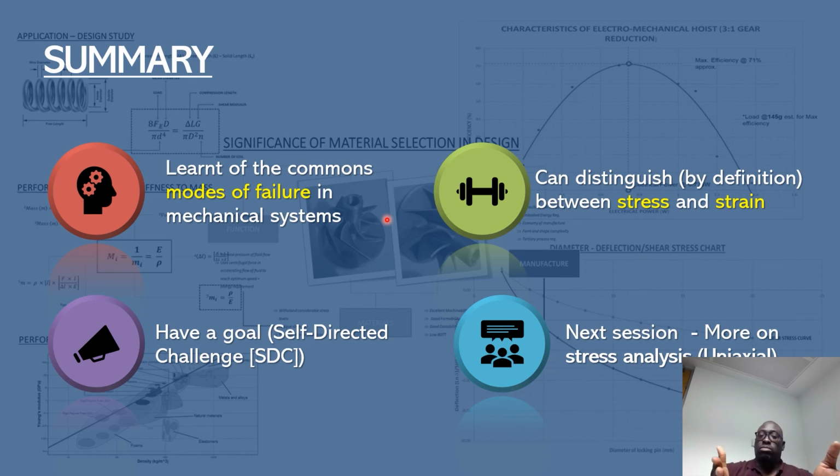Have a go through the self-directed challenge. And as I stated, I will put another video showing you step by step how you go about working through the self-directed challenge. So in our next session, we'll talk a bit more about stress analysis in terms of one-dimensional stress or uniaxial stress. Okay.